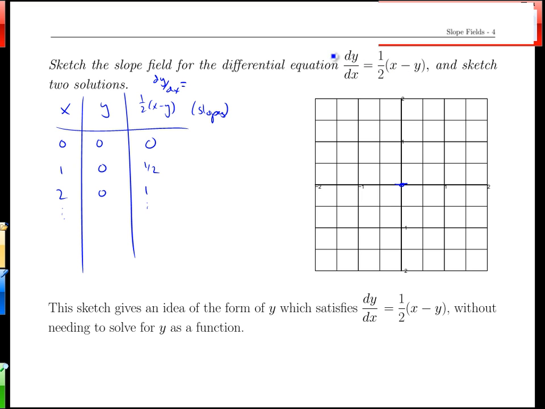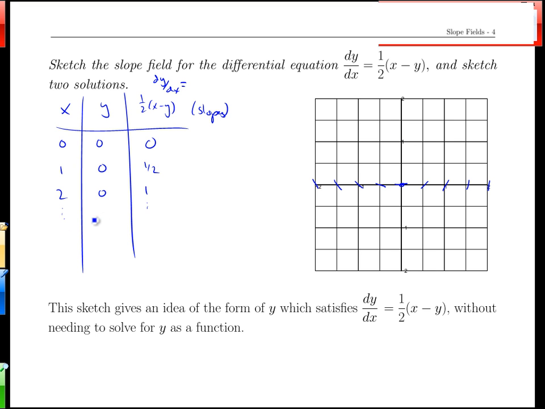If we were to end up at x equals 1, the slope would be 1/2. If we were to end up at 1, 0, the slope would be 1. It would be a little steeper and a little steeper still. And if we went back to negative x's, we'd have negative 1/2, negative 1, negative 3/2, and so on.